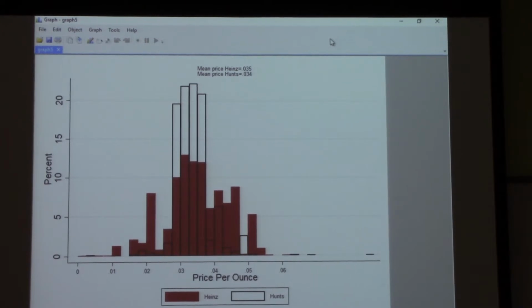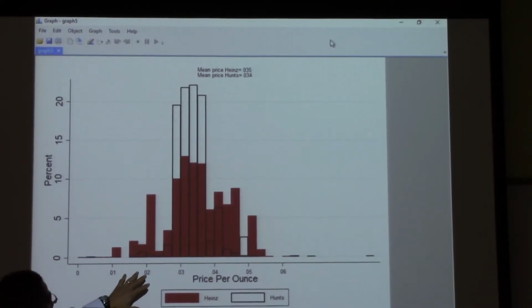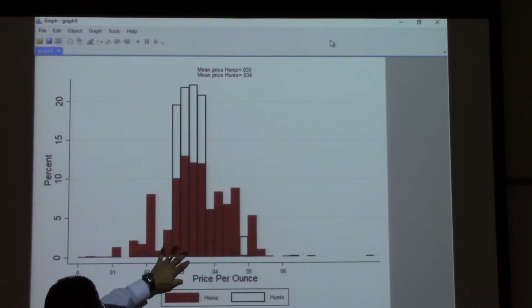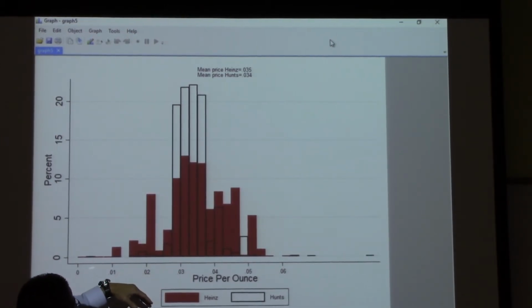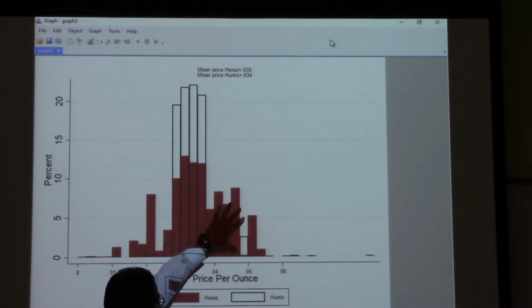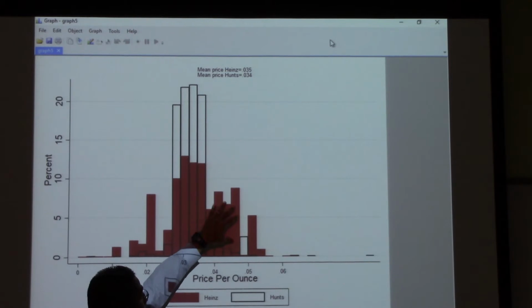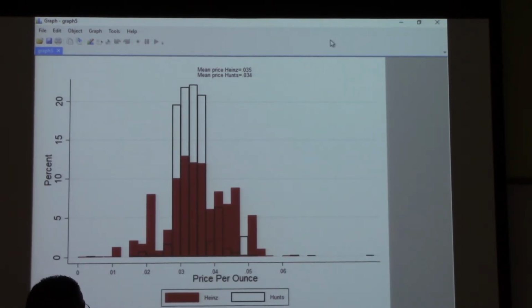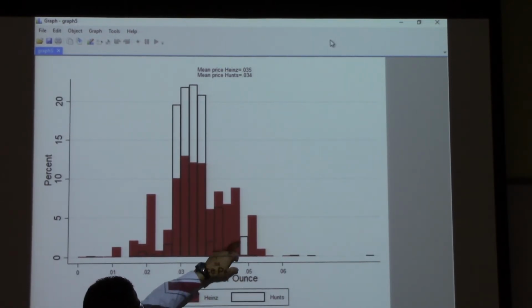But you can see that Heinz is in the red, and again, on average, Heinz is more expensive. So you can see the histogram has more frequency on this end than Hunt's does, which has less of a frequency.